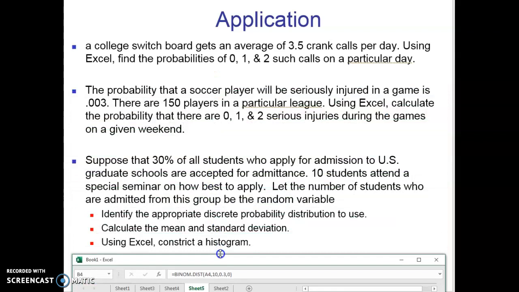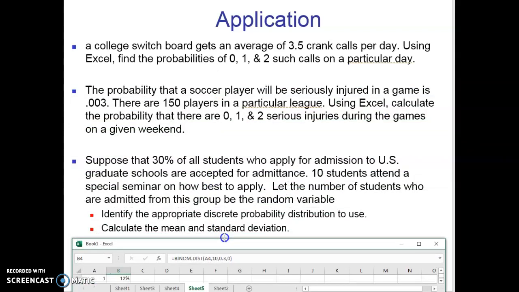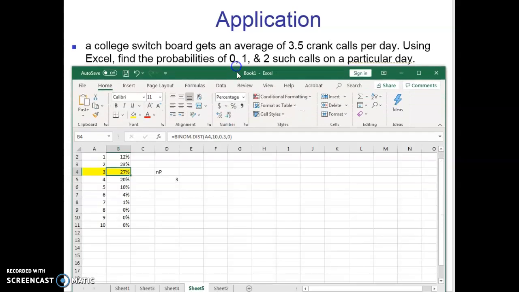Now for the standard deviation, we would need to use the actual calculation. So the standard deviation is the square root of NP multiplied by the probability of a failure, which is 1 minus P, and that's all to the 0.5. Okay. So let's plug the numbers in. Well, what do we know? We have n, which is 10.